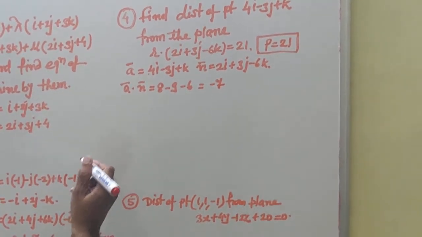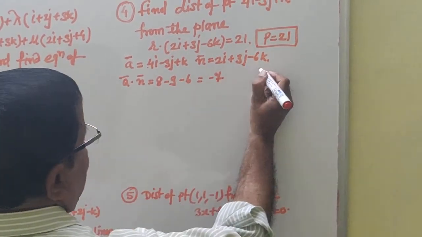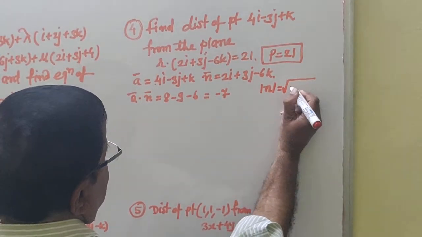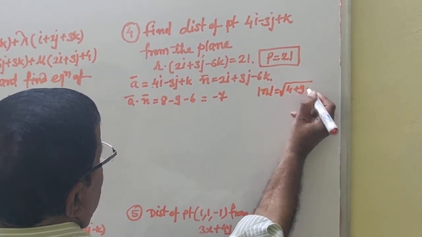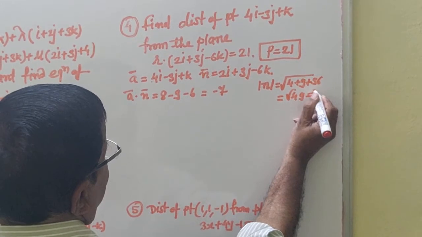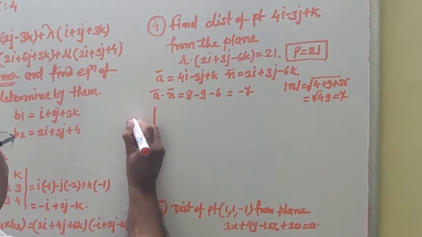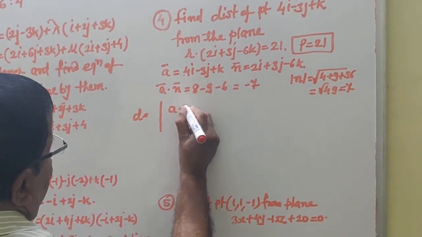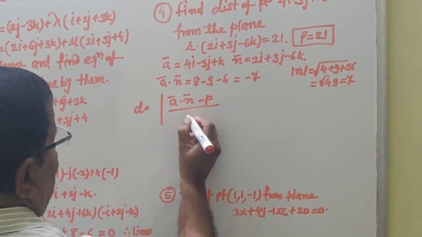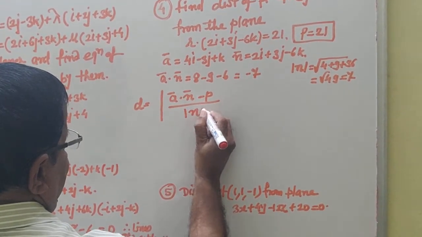Now what is the value of p? It is 21. Now I will find the magnitude of n, which is the square root of 4 plus 9 plus 36, root 49. Root 49 means 7 will come here. Now I am writing the formula: d is equal to modulus of (a dot n minus p) upon magnitude of n.